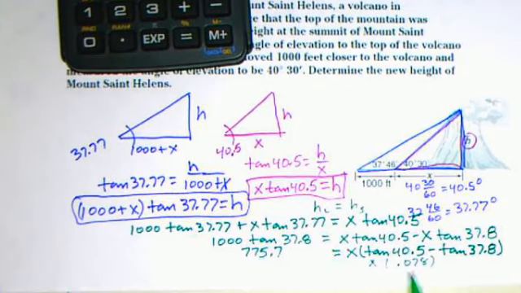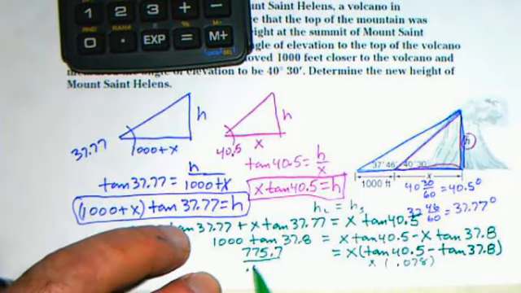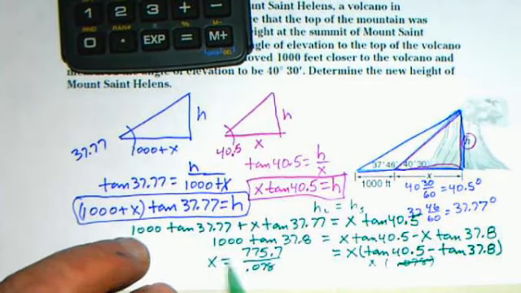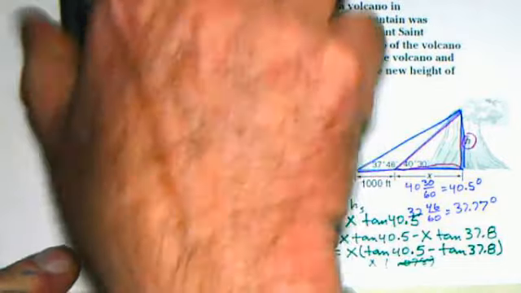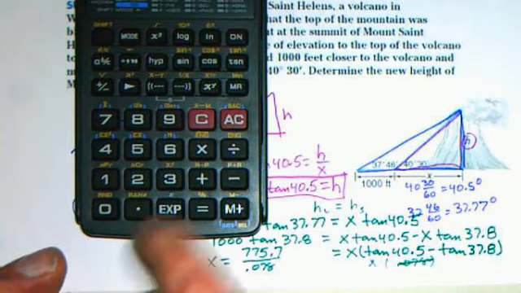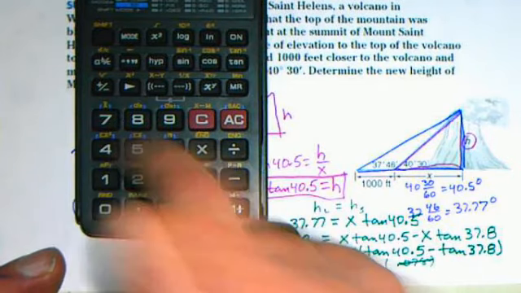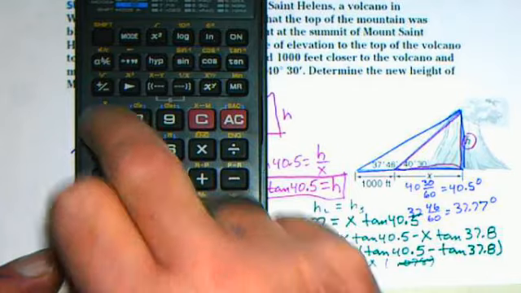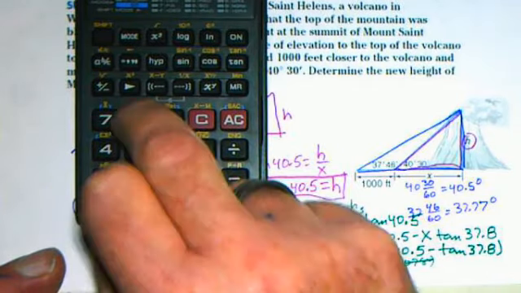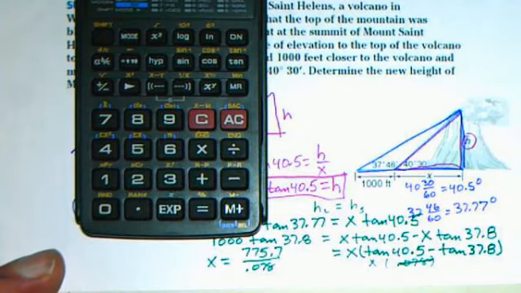What I need to do is get x by itself. So I need to divide by 0.078. And x is going to be whatever 775.7 is divided by 0.078, which comes out to be 9944.8.